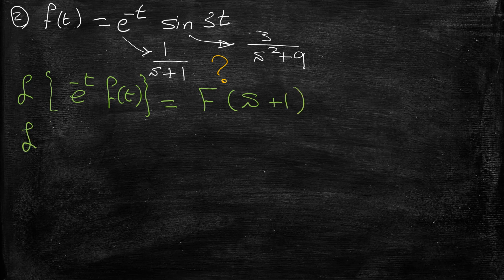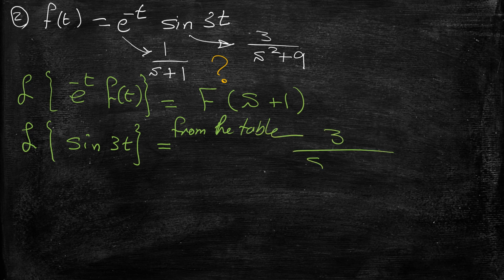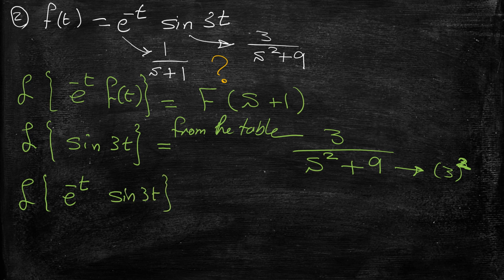So first, we get the Laplace of the sine, which is from the table, don't forget. It's just 3 over s squared plus 9, and this 9 was nothing but 3 squared. What happens if we multiply this by the exponential?